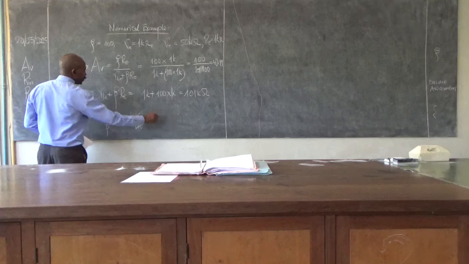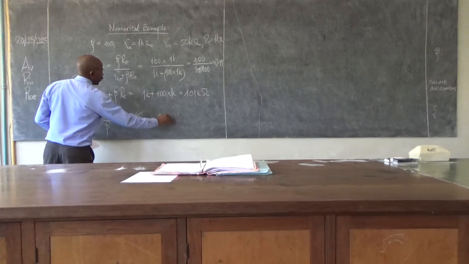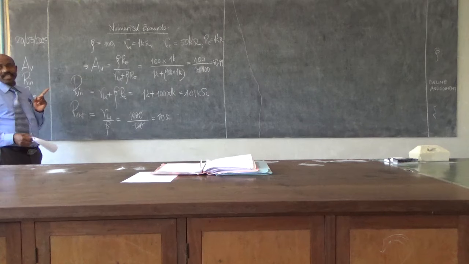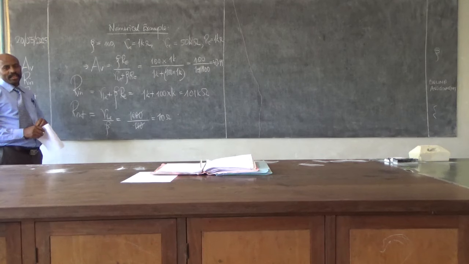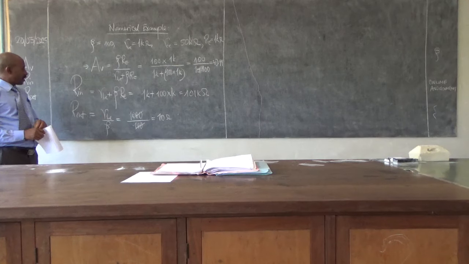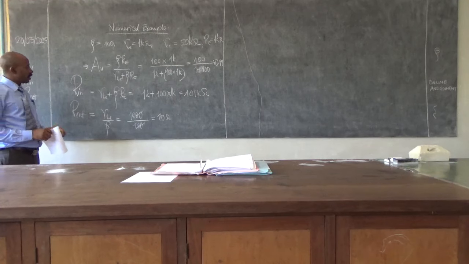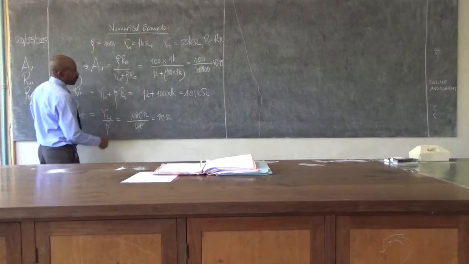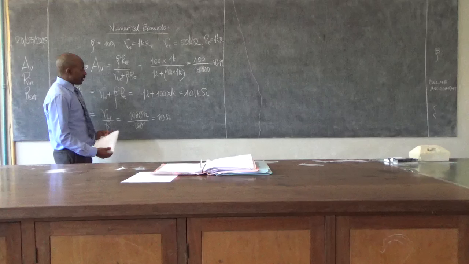So this would be the same as 10 ohms. I cancelled the k in the previous case because they are thousands, but here this was kilo ohms. This one is dimensionless.